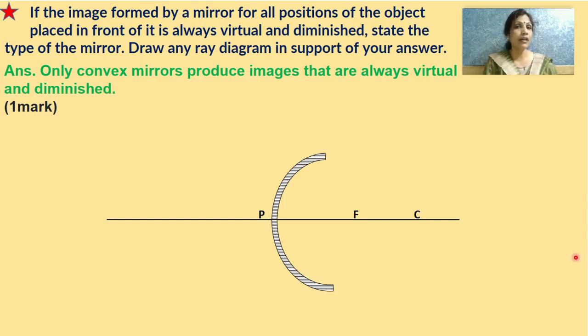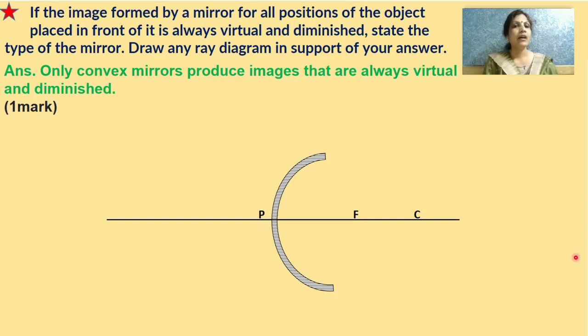You are asked, draw any ray diagram. Alright, now which mirror will always give you a virtual and diminished image? That you should be aware, and that mirror is convex mirror. Only convex mirrors produce images which are always virtual and diminished.